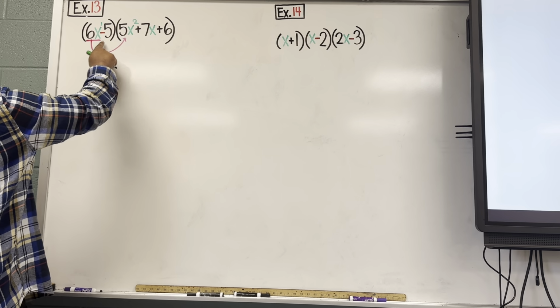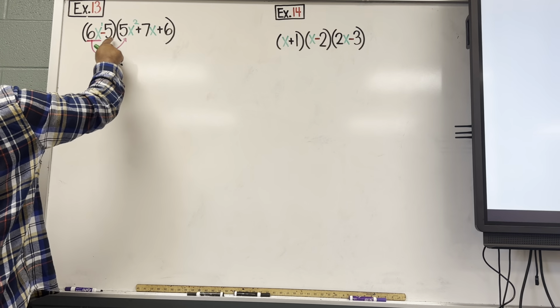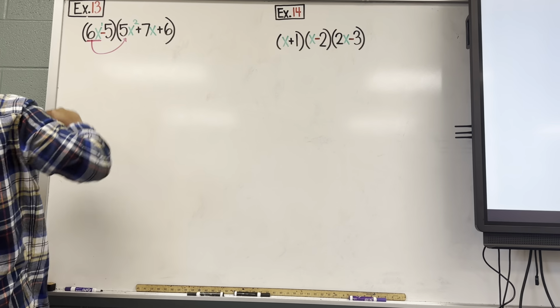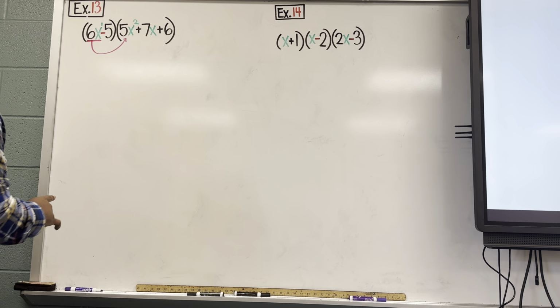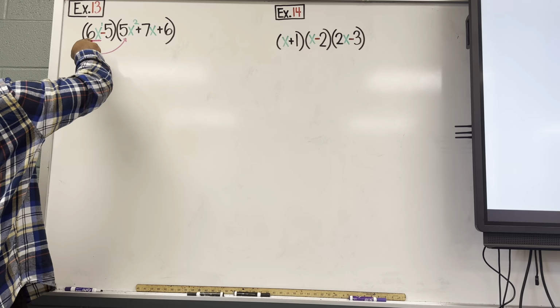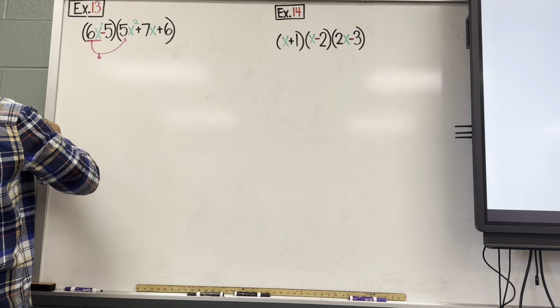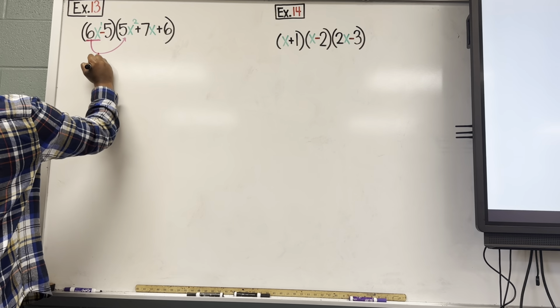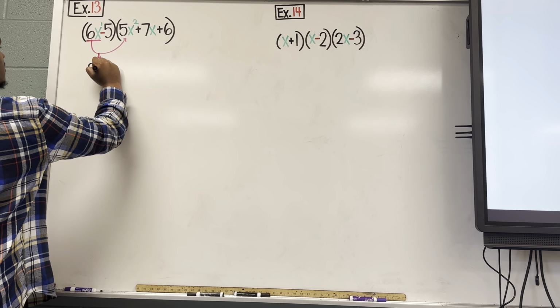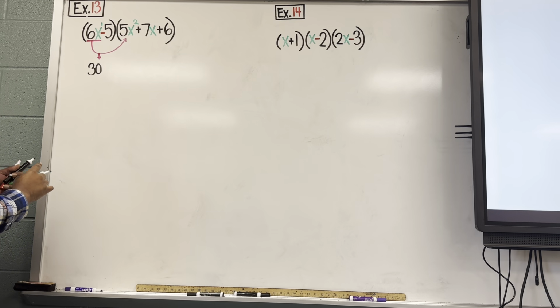Remember, whenever we multiply values that have exponents, you multiply the coefficients, but you add the exponents or the powers. So 6x to the first power times 5x to the second power: 6 times 5 is 30, 30x, and then I add the exponents, 1 plus 2 is 3.